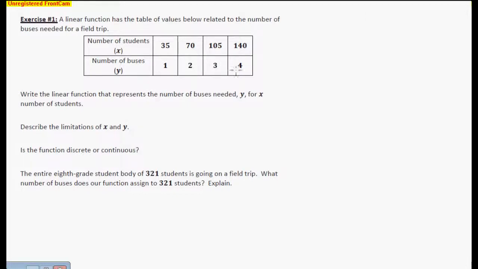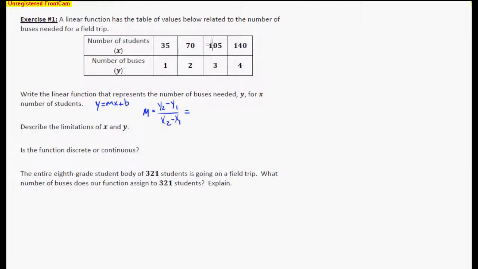All right, so if this is a constant change, well, that tells us that our equation or our function is going to look like y equals mx plus b. So what is going to be my slope? Just like we've done before, we're going to use the slope equation, y sub 2 minus y sub 1 over x sub 2 minus x sub 1.